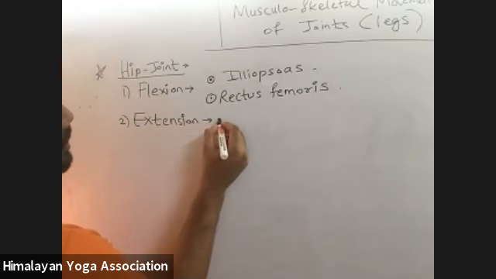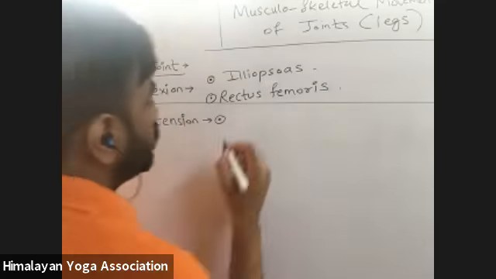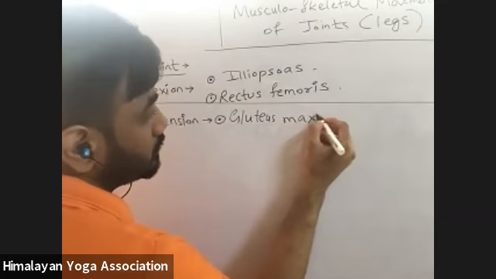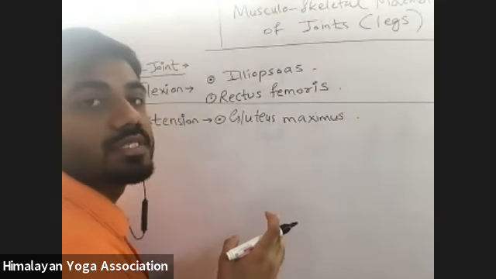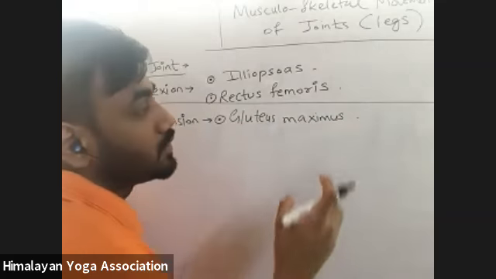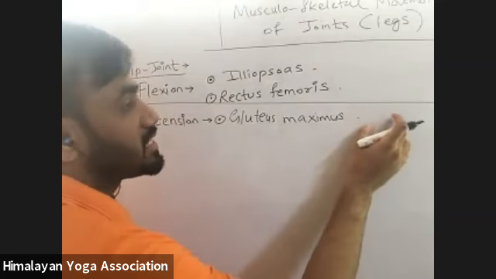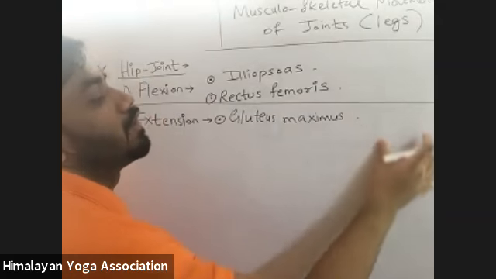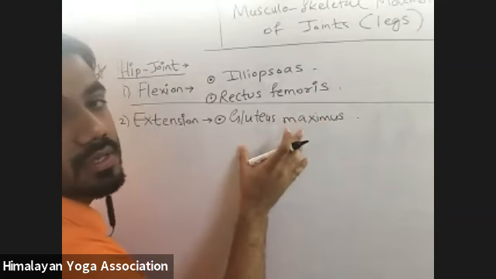In hip extension, the first muscle is the gluteus maximus, which starts from the pelvic and the sacrum, the last part of our spine, and it ends in our femur, on the back of our buttock.